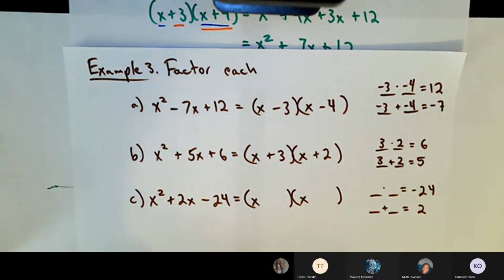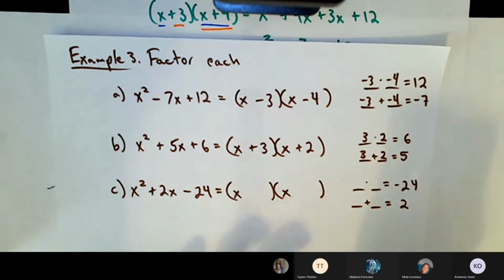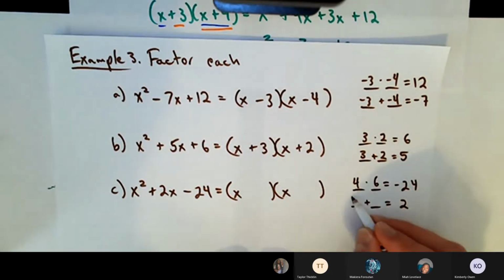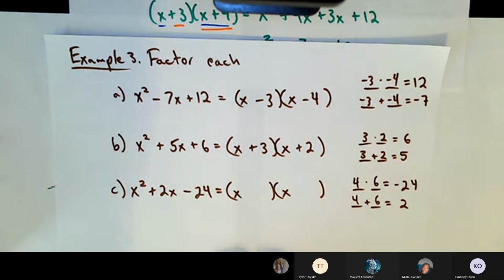I'll give you a little bit longer, and then I'll go ahead with the answer. Okay. It will be a 4 and a 6. But which one should be negative? Nikita, which one would be negative?